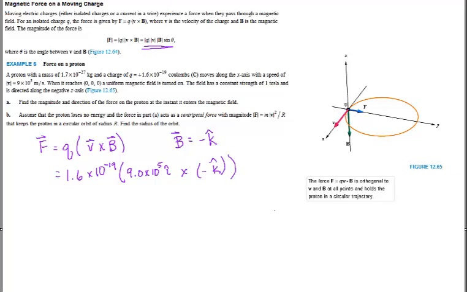Because these are all in different directions and they are 90 degrees apart, you will have the sine of that 90 degrees. i and k are 90 degrees apart, and the sine of that 90 will then be 1.